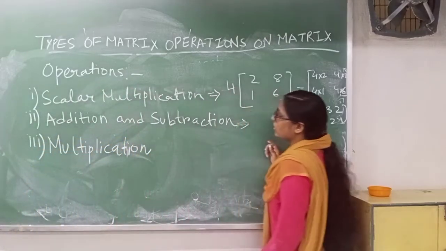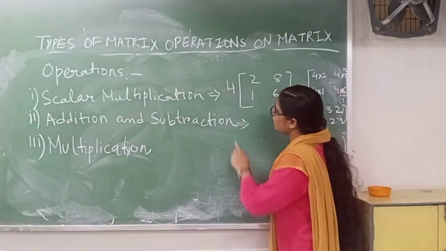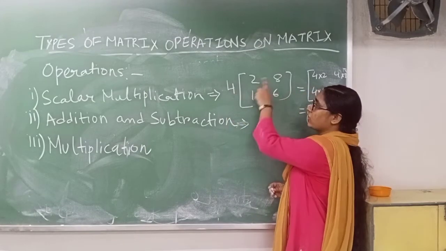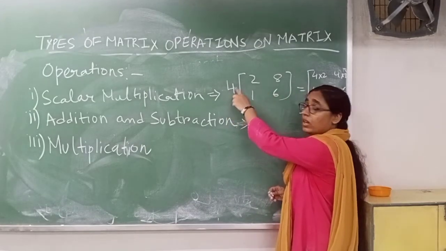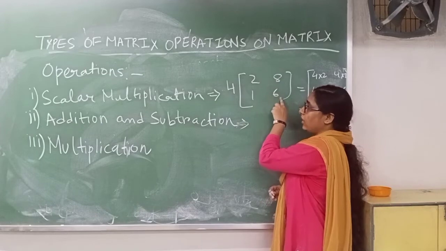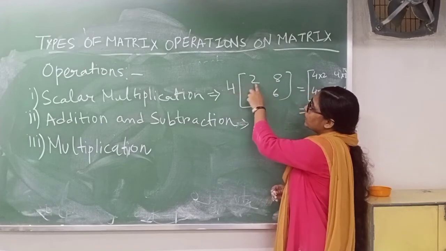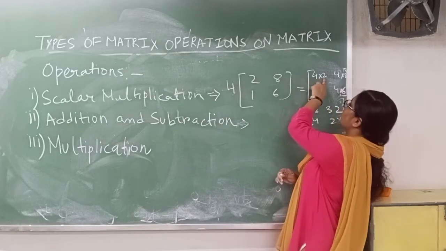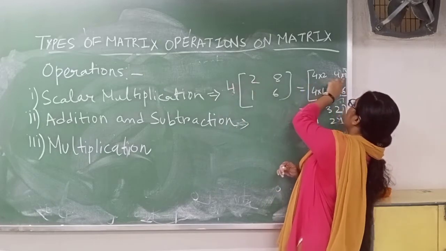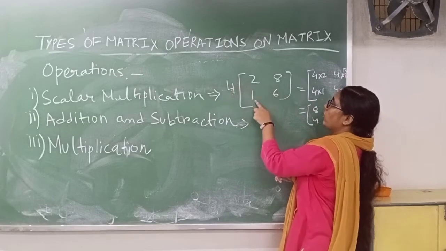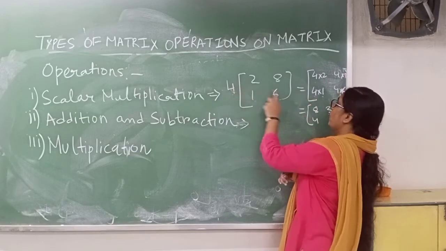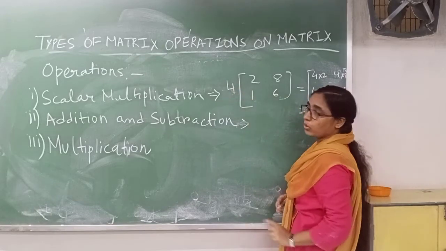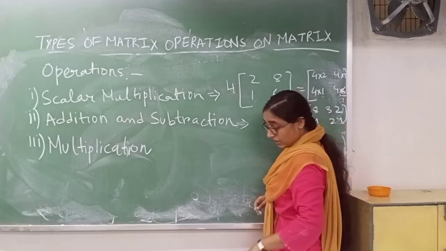Scalar multiplication is multiplication in which we have something outside of a matrix. See, I have 4 outside and 2, 8, 1, 6 inside, and this 4 will multiply with all the elements of the matrix. Meaning 4 2s are 8, 4 8s are 32, 4 1s are 4, 4 6s are 24. So this is scalar multiplication.